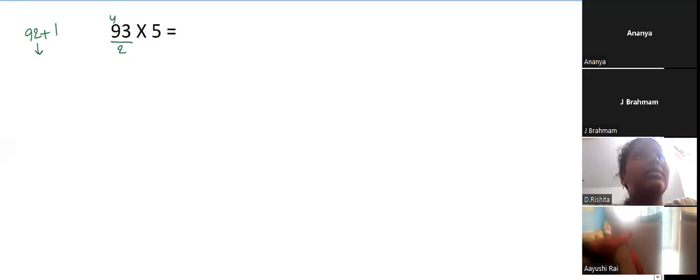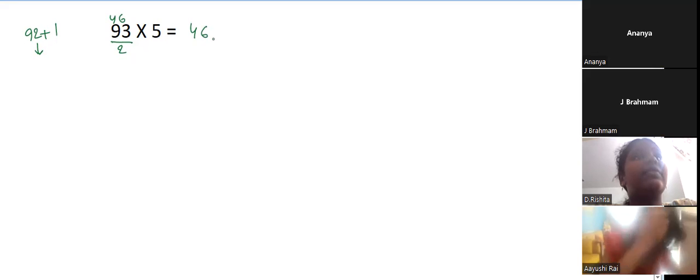In 13, how many times does 2 go? 2, 4, 6, 12. 6 times it goes. 0.5 is not required here. So 46 times it is. What is the remainder now? 1.